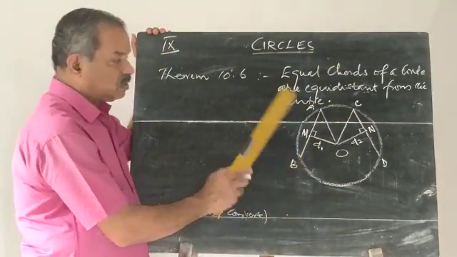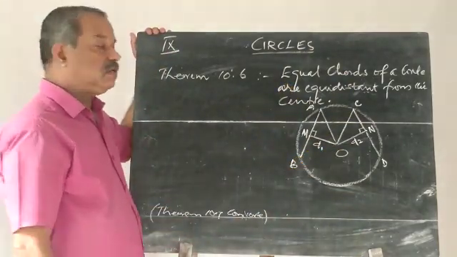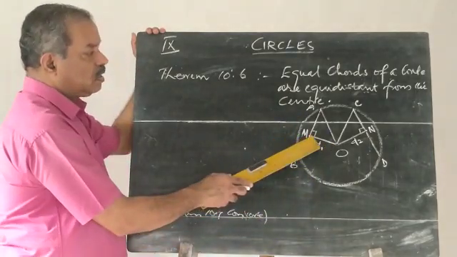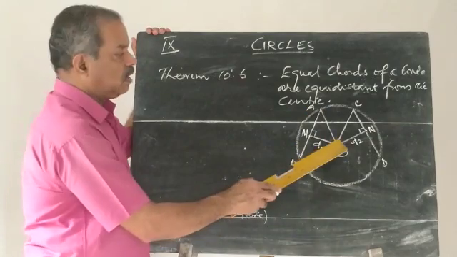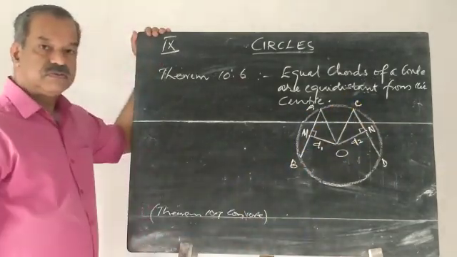So OM is perpendicular to AB. Similarly, ON is perpendicular to CD.